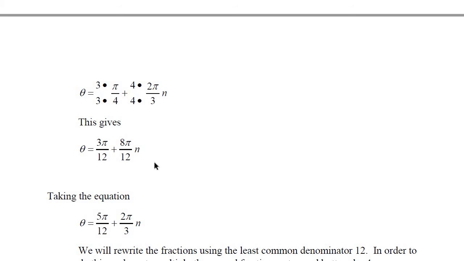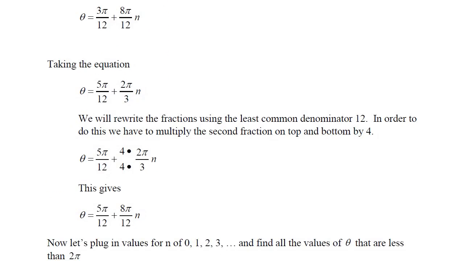So now that I've got it written in this format, I'm going to start plugging in values for n to find all the solutions that this generates, and I want the ones that will be between 0 and 2 pi. Alright, well, for the other equation, modifying this one so that we get a nice common denominator, we're going to rewrite our fractions so the common denominator is 12.